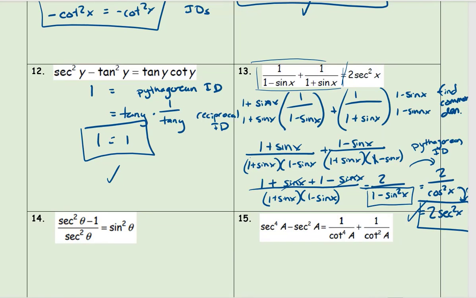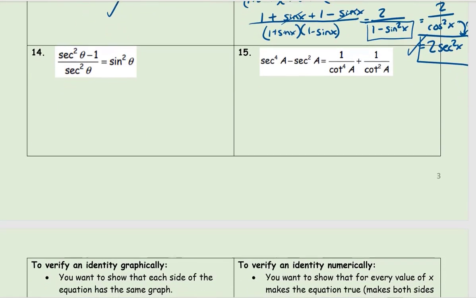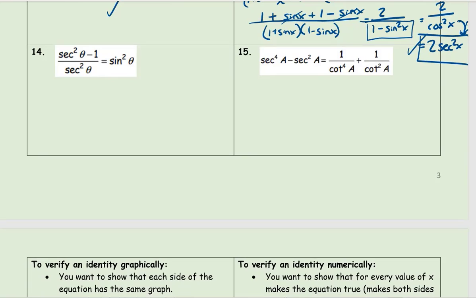So now we have, in number 14, secant squared theta minus 1 over secant squared theta is equal to sine squared theta. Now there's a couple different ways we could do this one. We'll go with the Pythagorean identity. So obviously the left side is a little bit more difficult than the right side. Secant squared theta minus 1 is equal to tangent squared theta.